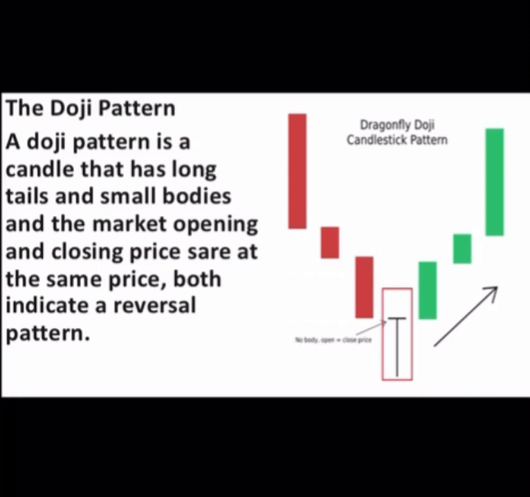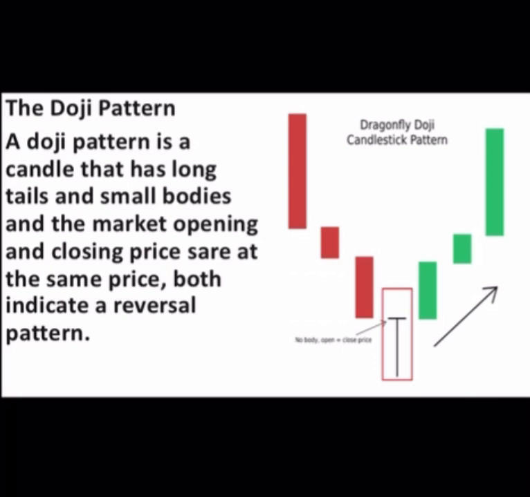This is how the doji candlestick looks, as you can see in this diagram. It also shows a reversal of a trend. Listen, this is a reversal candlestick. When a doji candlestick appears in a trend, it means that particular trend is about to change. Like in this case here, we have a downtrend.